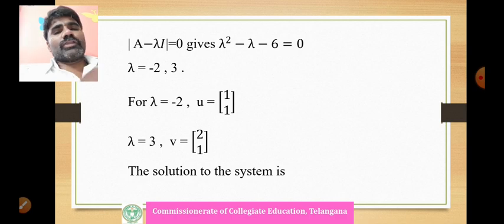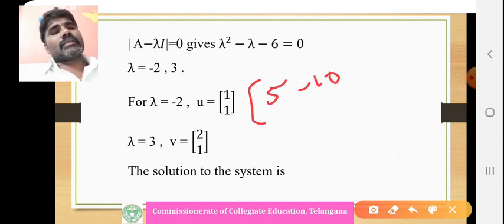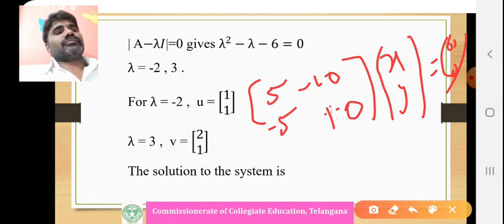For lambda equals 3, (A minus 3I) x becomes [8 minus 3, minus 10; 5, minus 7 minus 3], which is [5 -10; 5 -10], multiplied by [x y] equals [0 0].